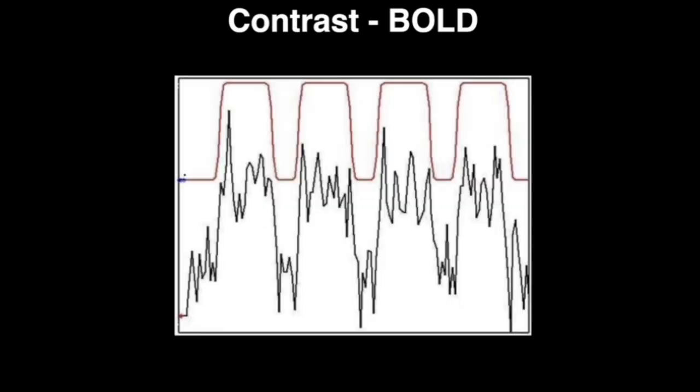And that's what you see if you look at an experimental time course in a voxel of brain tissue doing a task. The troughs in the red represent where you're not doing a task. And here you have the equilibrium state where you have more deoxyhemoglobin, more dephasing, lower signal.